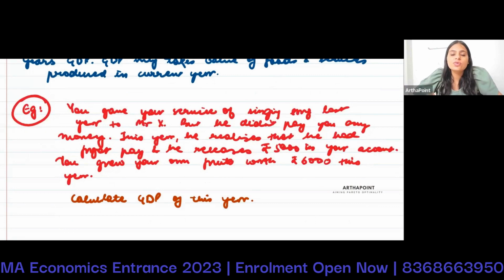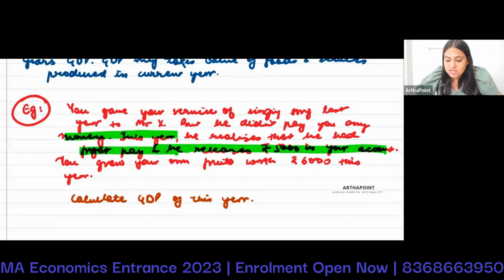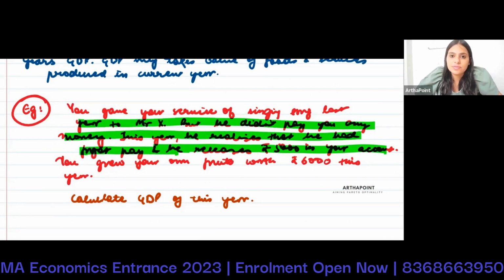So what you have to do is take one part at a time. And here, if you notice, we just consider this. So this first part is that this amount was accrued to the last year. This is not what should be your earning in this year. So this must not be included in this year's GDP.